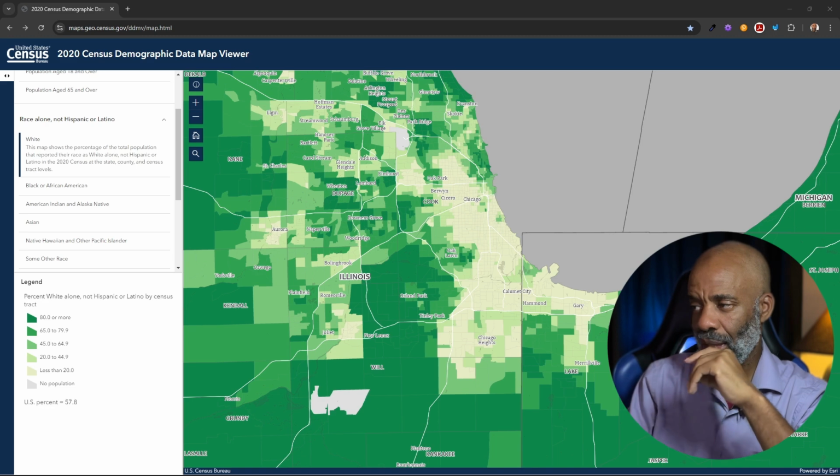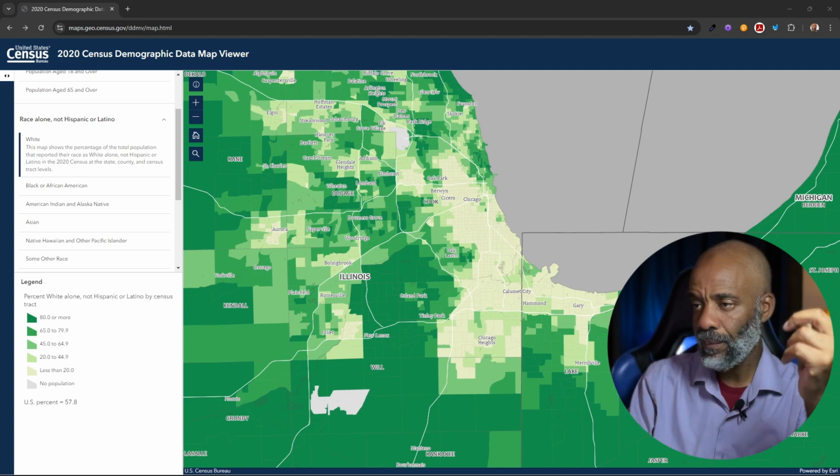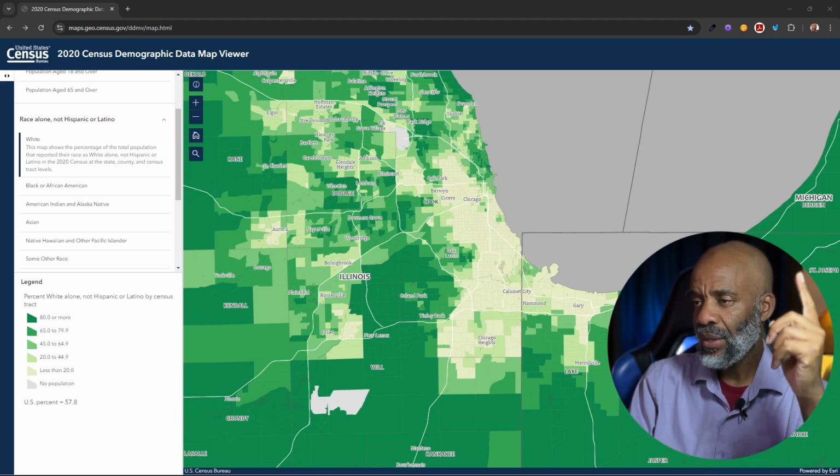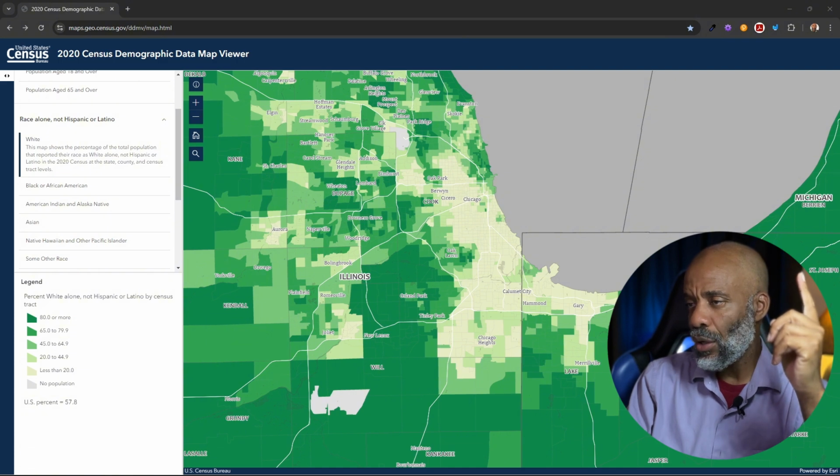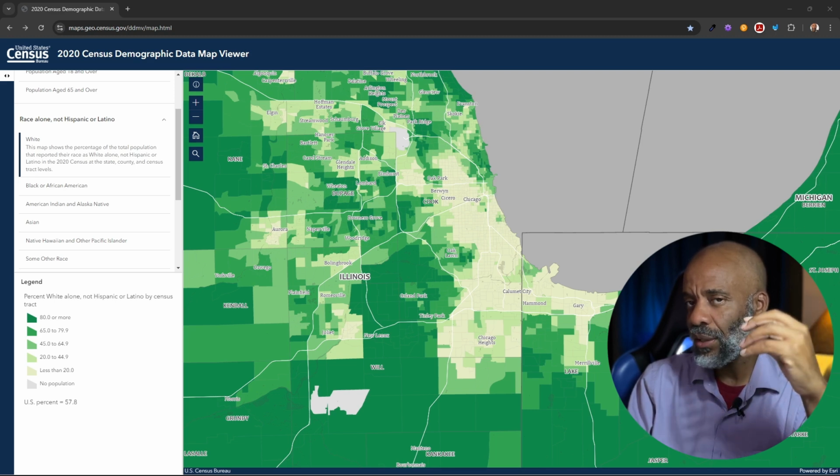And I want to show you guys something that I think is very interesting, okay, and very telling. So you can see right now it's on white, and the legend is here at the bottom. As the green gets darker, that's where the concentration of white people is in Illinois.